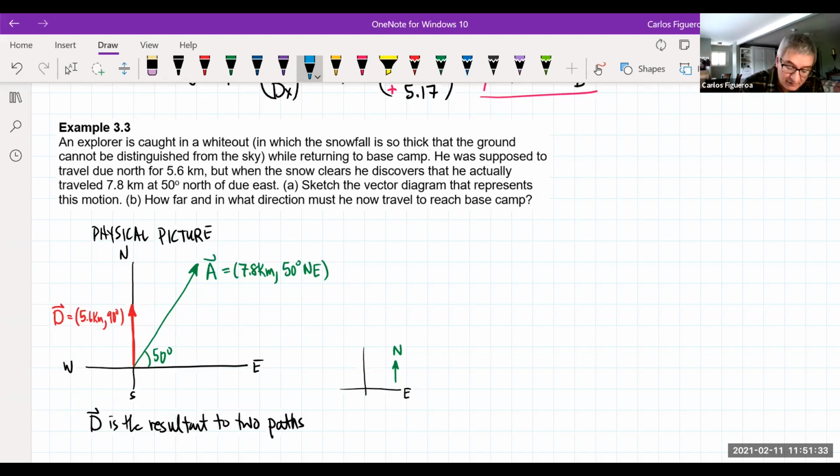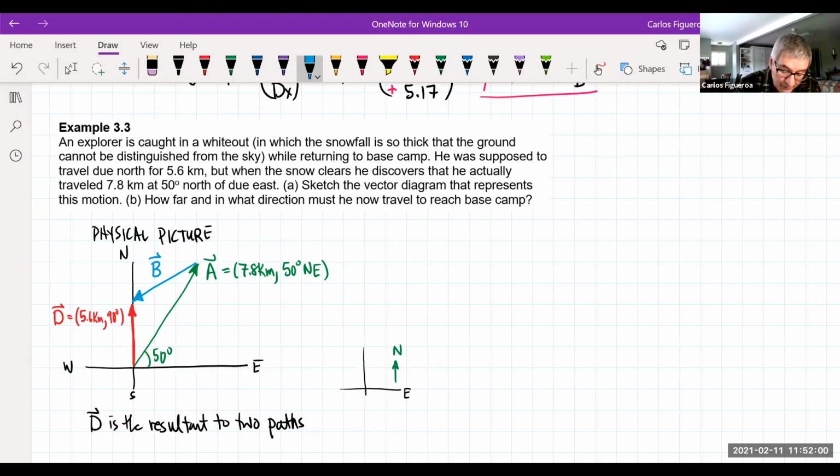He has to go back and walk another path to get back to where he has to go. So I'm going to call that path B. So what is the question? The question is, how far and in which direction must he now travel to reach base camp?